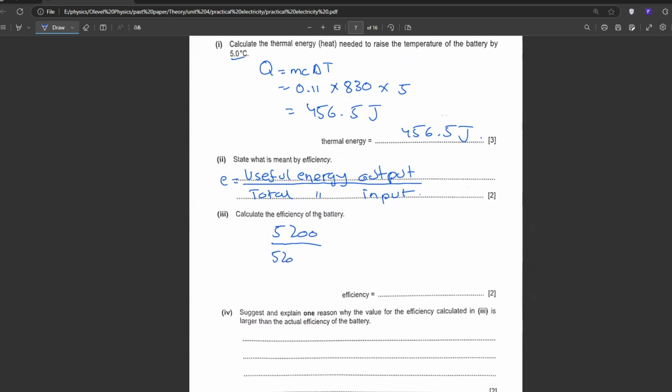So 5200 plus 456.5. You can calculate the efficiency in decimals. The value of efficiency can be given in both decimals and percentages. It makes no difference. The efficiency comes out to be 0.92. And if you want to give it in percentage, it will be 92%.